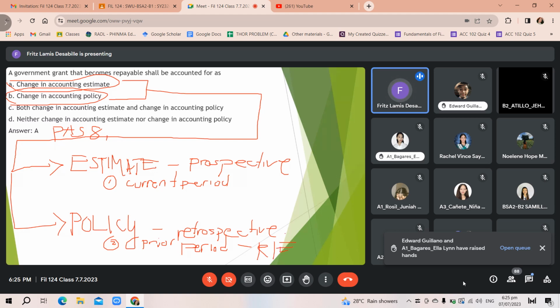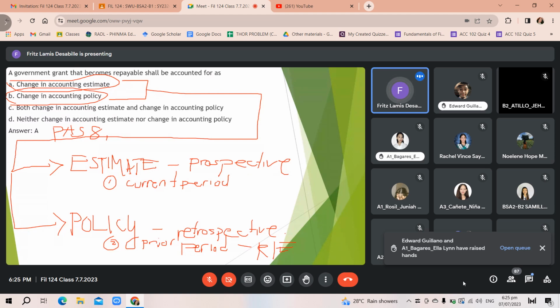Okay, I don't want you guys to think into this any deeper. We will be discussing this one again, but to give you a background, a change in accounting estimate has what we call a prospective effect. The prospective effect affects the current period and future periods only.